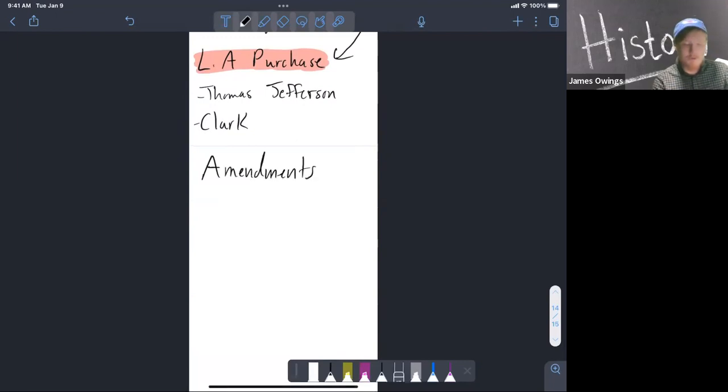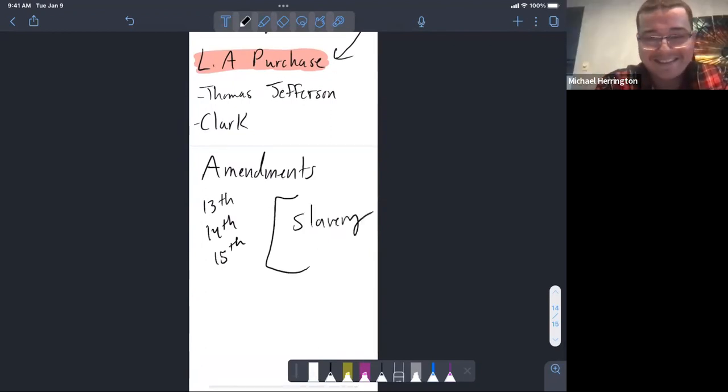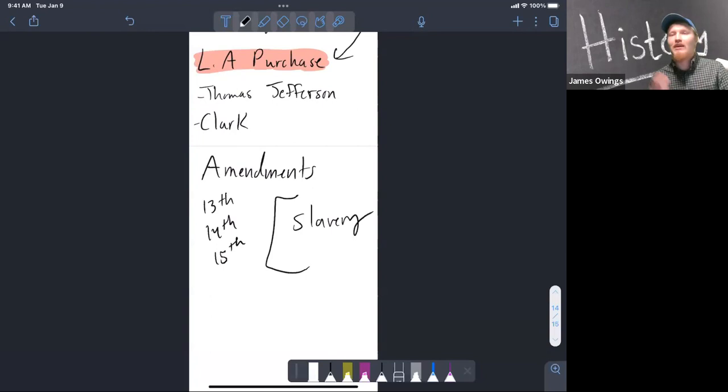So amendments wise, I want to mention these in chunks. The 13th, 14th, and 15th, just know right off the bat, these 3 all relate to slavery. Slavery. All of these implicate something to fighting against slavery. The 13th one, the unlucky number 13, ends slavery.